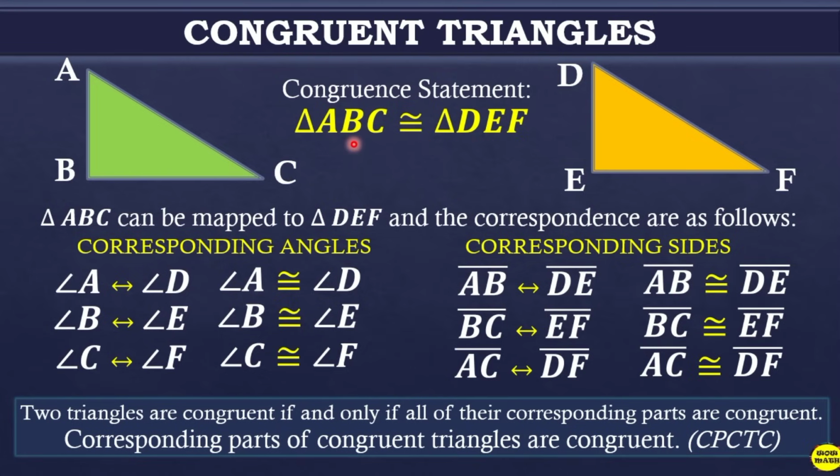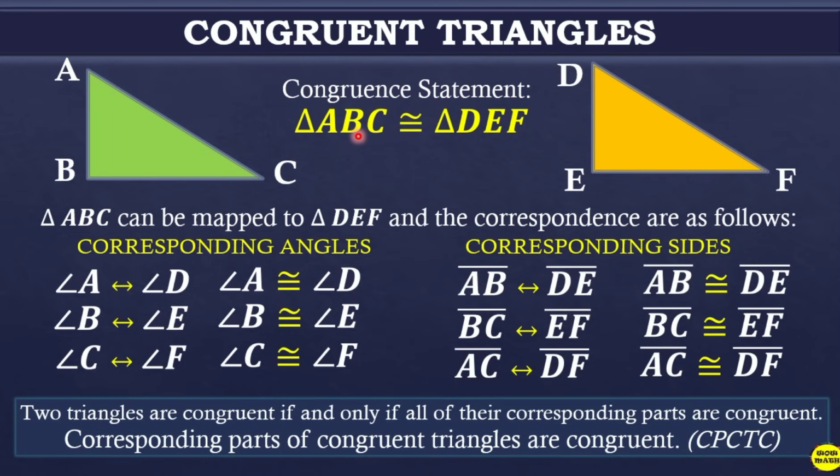So again, take note of our arrangement. Hindi pwedeng triangle ABC and then triangle FED. Hindi po pwede kasi kung uunahin mo dito si F, ibig sabihin si A corresponds to F. So, take note of our arrangement po ng ating vertices.